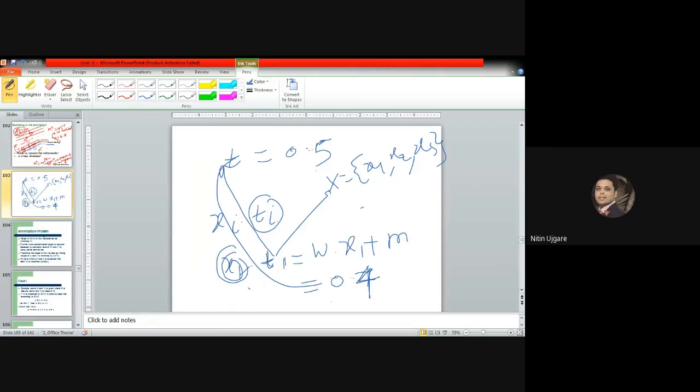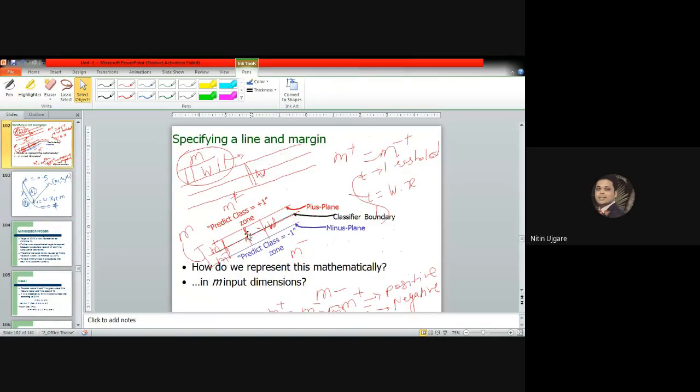Yes, sir, got it. This decision line is represented as t is equal to w into x, where t is the threshold, w is my weight vector, that is the line which is perpendicular to this decision boundary, and x is my input feature vector.